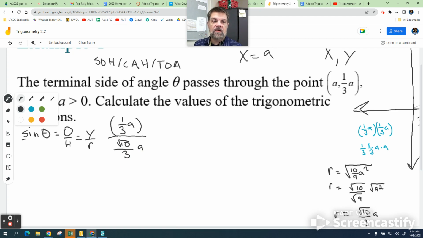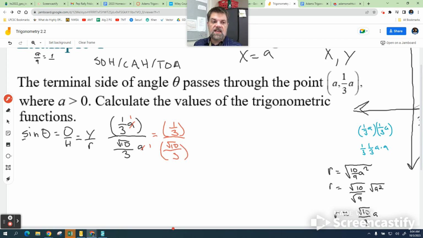Now, if I have a over a, right, what's anything divided by itself? 1, right? So a divided by a reduces down to 1. In other words, a divided by a equals 1. So 1 times this stuff is just 1/3 all over the square root of 10 over 3.